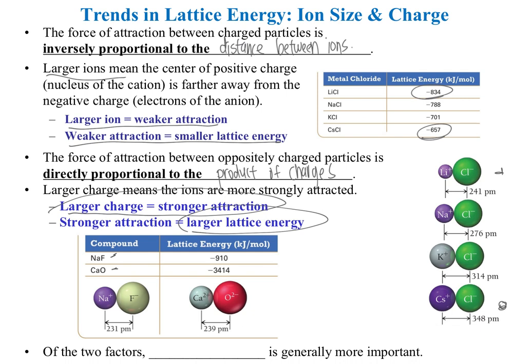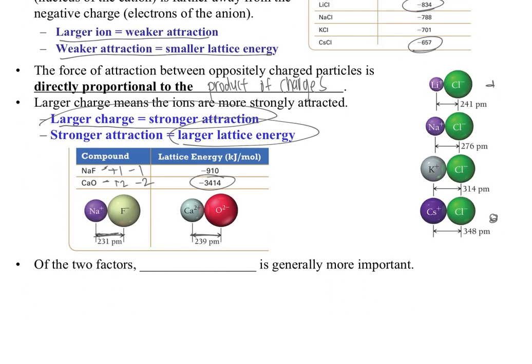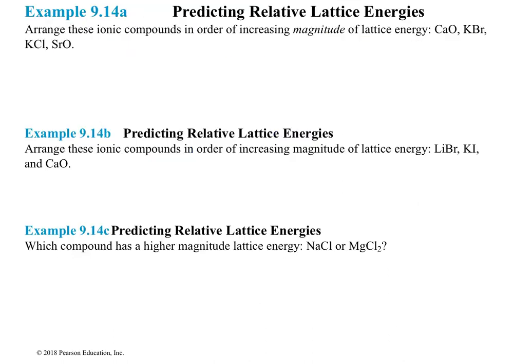Again, their distances are very similar, so that radius is similar. But you can see this is a +1, -1. This is a +2, -2. And they go up by almost a factor of 4 as far as the lattice energy goes. So of those two, the ionic charge is generally going to be more important with regards to the strength of the lattice energy.